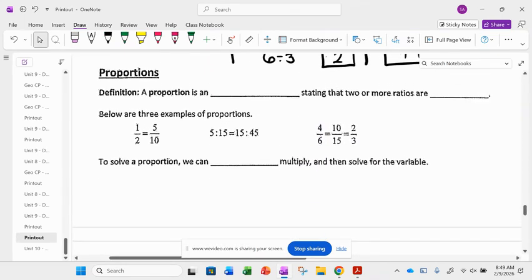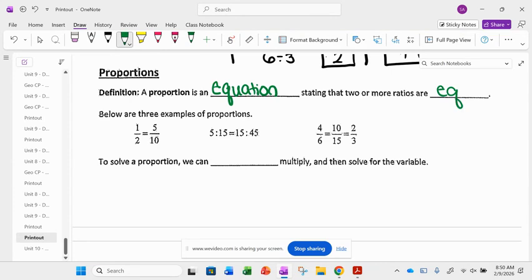Definition. A proportion is an equation stating 2 or more ratios are equal. To solve a proportion, we can cross multiply.